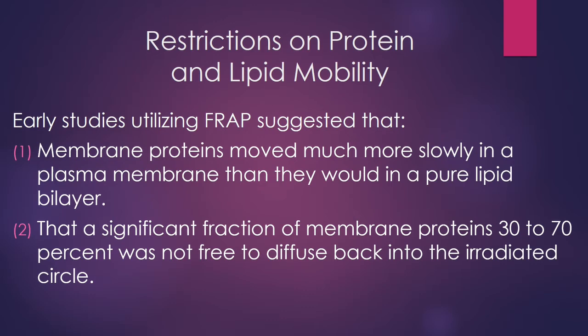But the FRAP technique has its drawbacks. FRAP can only follow the average movement of a relatively large number of labeled molecules as they diffuse over a relatively large distance. As a result, researchers using FRAP cannot distinguish between proteins that are truly immobile and ones that can only diffuse over a limited distance in the time allowed.